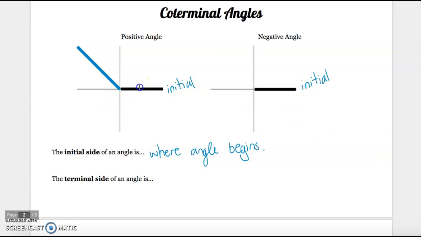So we would say that that is a positive angle, some positive angle. This piece right here is its terminal side. That is where the angle ends.